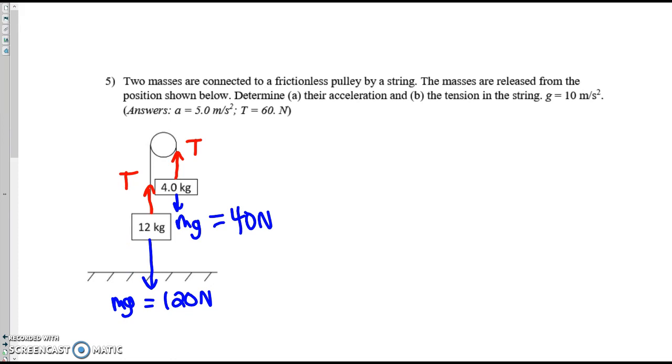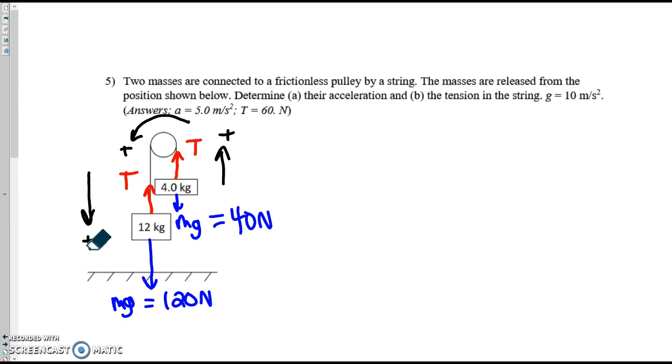So on the right side, the system is moving up. That's the positive direction. And then we loop around like this. That's the positive direction. And on the other side, the system is moving down. That's the positive direction. And we've just guaranteed that the entire system has the exact same value of acceleration.